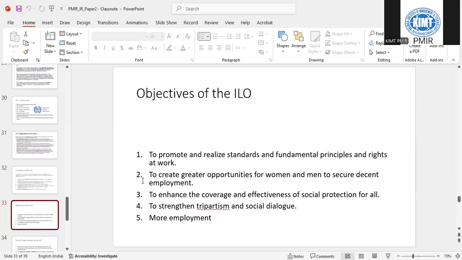So these things are coming from the International Labour Organization. They are reviewing and they are implementing it to provide the social protection for everyone, each employee, to strengthen the tripartite and social dialogues.